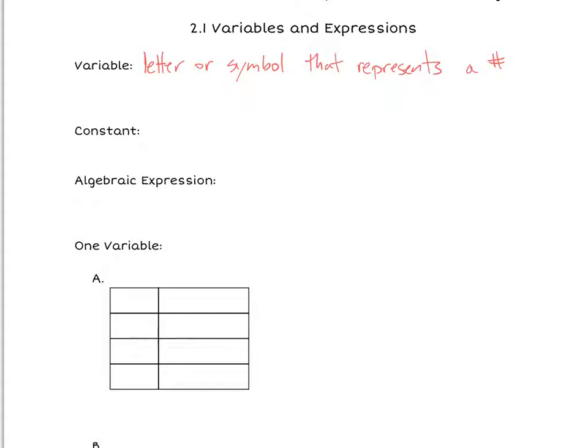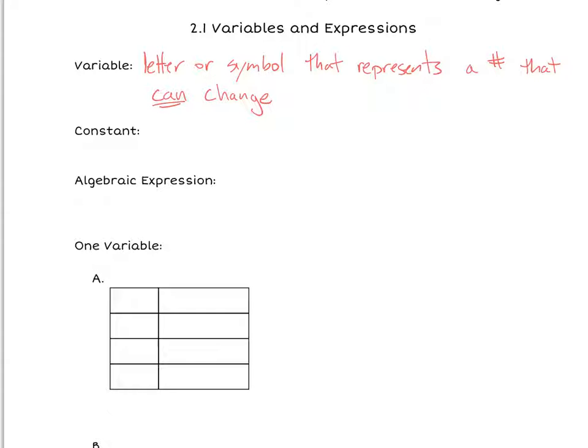And the book uses the word quantity, but I wanted to use the word number because I think that would make more sense for you guys. A number that can, and I'm going to underline the word can, change. So in math, it could be an independent or dependent. Okay? It's something that can change.